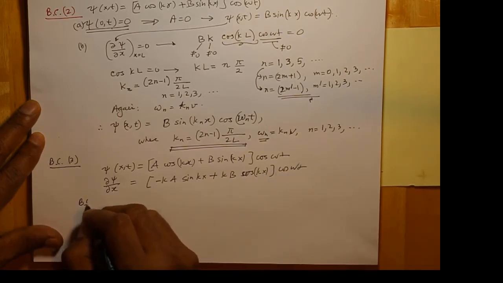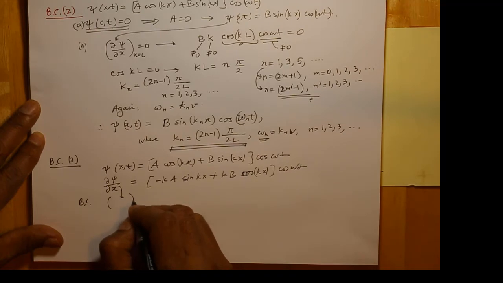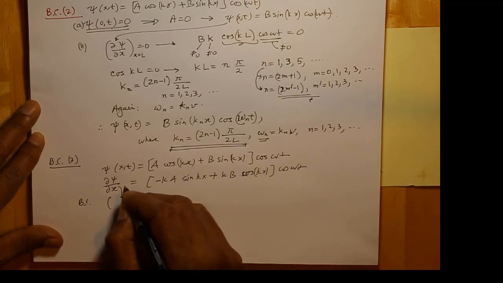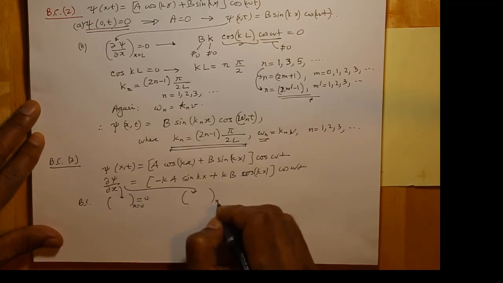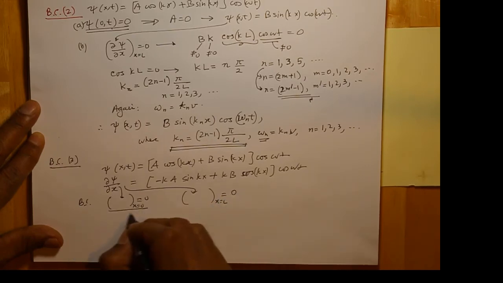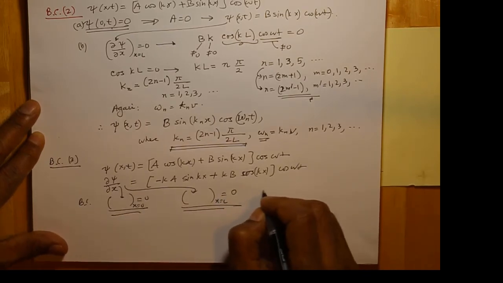But the boundary conditions will be this stuff evaluated at x equal to 0 is 0, and the same thing at x equal to L equal to 0. And these two you will solve.